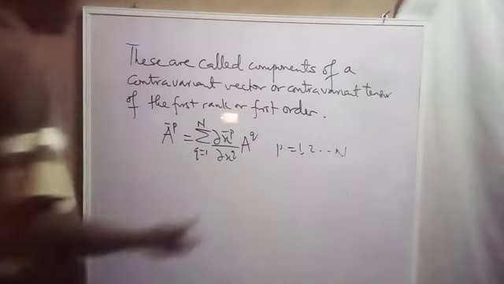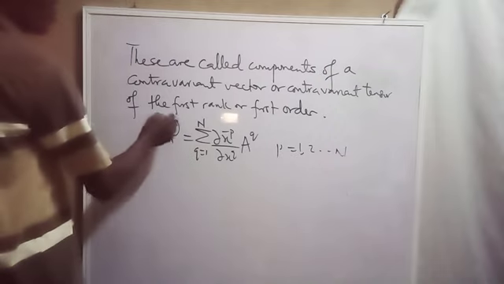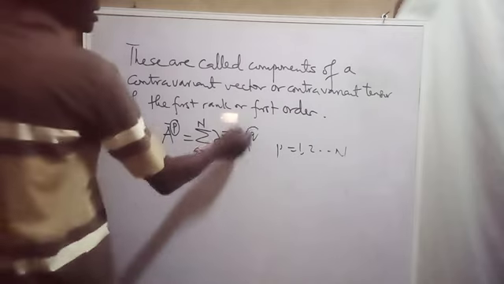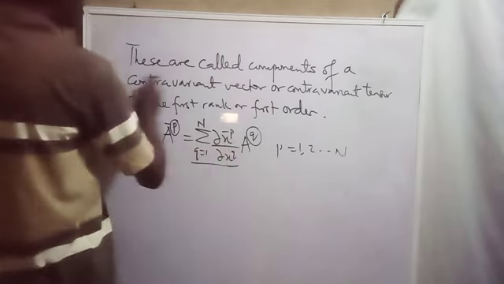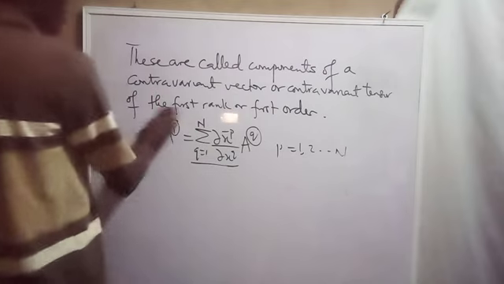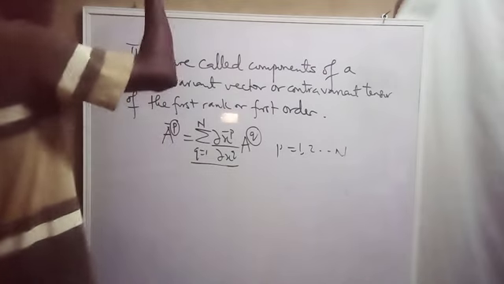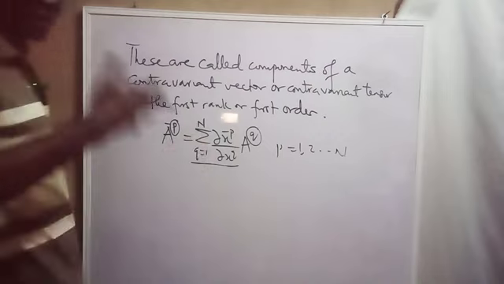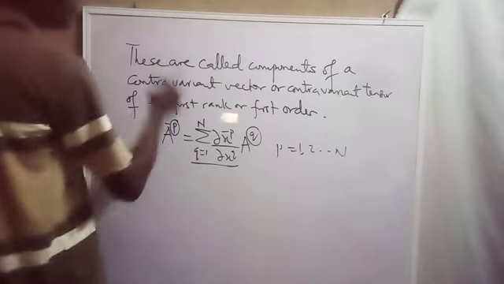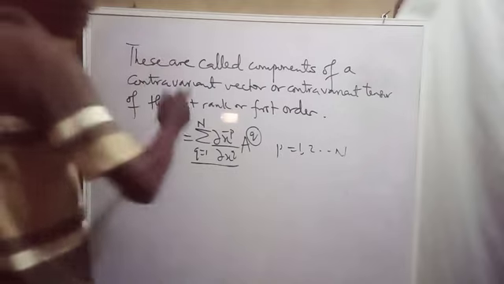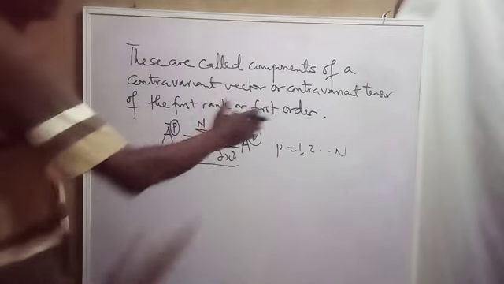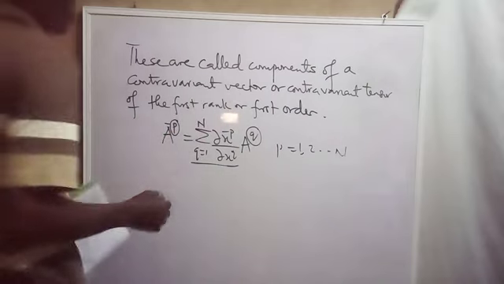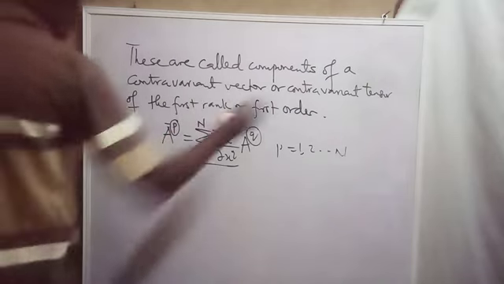For the frame of reference, we have only one p. Q also has one. So that's why we say these things are components of a contravariant vector. Originally, they are contravariant vectors because the indices are written up, they are superscripted. And second, because we have only one index for each of them. So it's called what? Components of a contravariant vector or contravariant tensor of the first rank or first order.